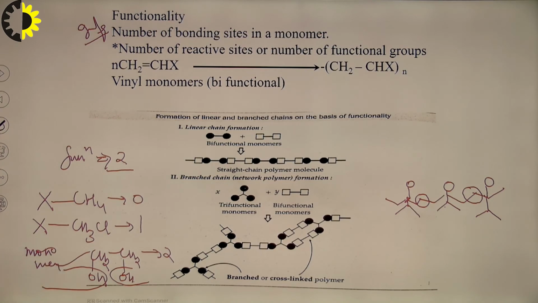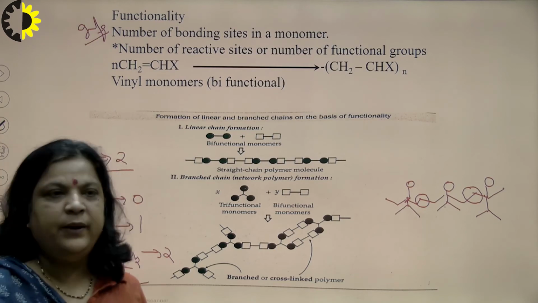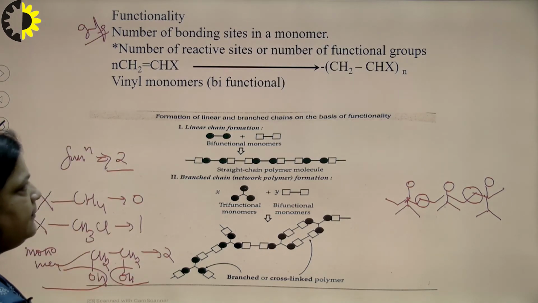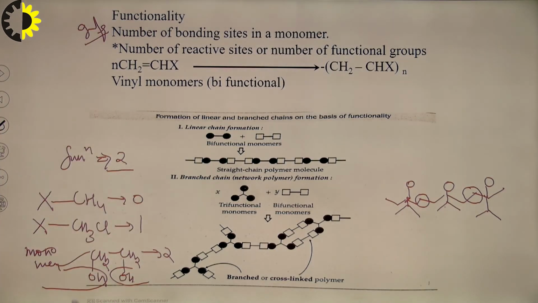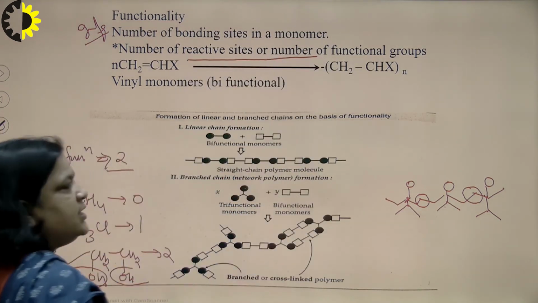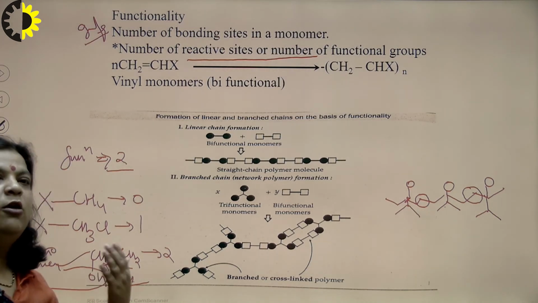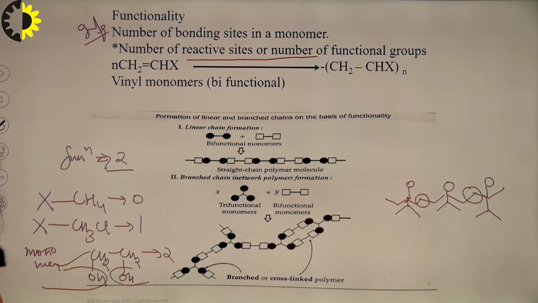So, I think it should be clear that to act as a monomer, the molecule should be at least bifunctional. So, what is functionality? Functionality is the number of functional groups, or number of bonding sites, or number of reactive sites.